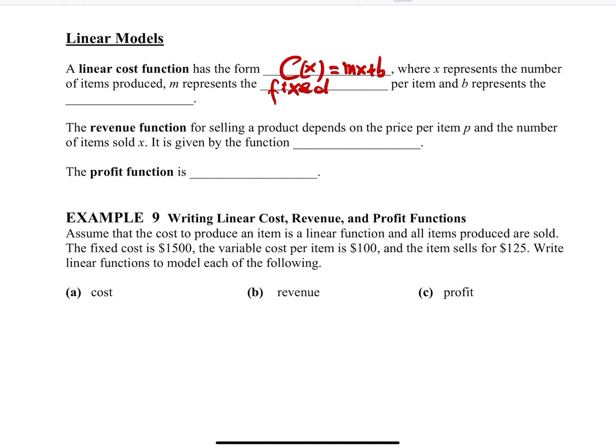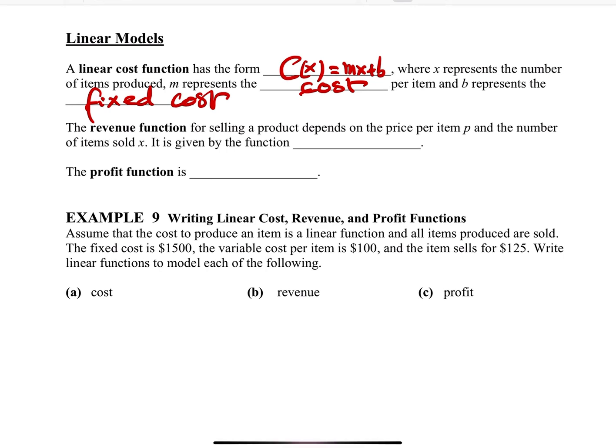It's just the cost, because fixed cost is another thing. Okay, m represents the cost per item. And b now represents the fixed cost. Good.